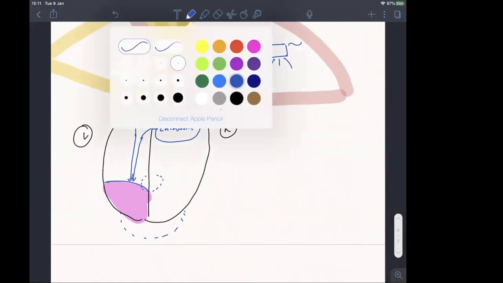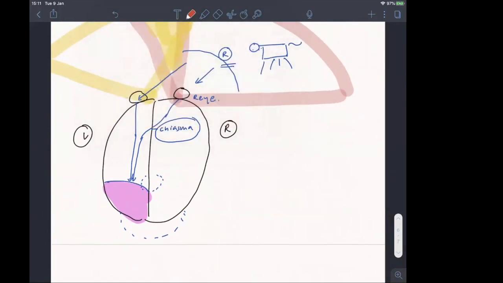Now, what happens in the left occipital lobe? The left occipital lobe will analyze the image. Okay, so we still don't know that this is a tiger, by the way. It is just a set of photons, it is just a set of light impulses. But the occipital lobe will analyze this image. It will send this image to the temporal lobe.